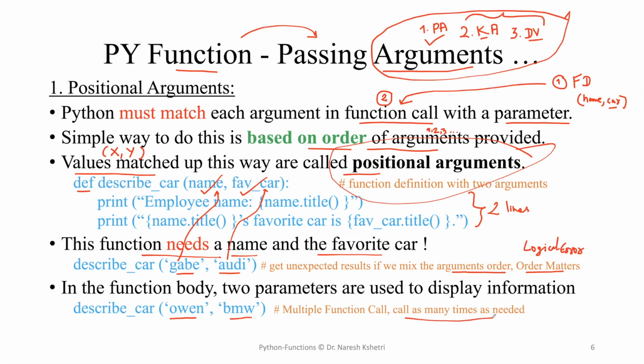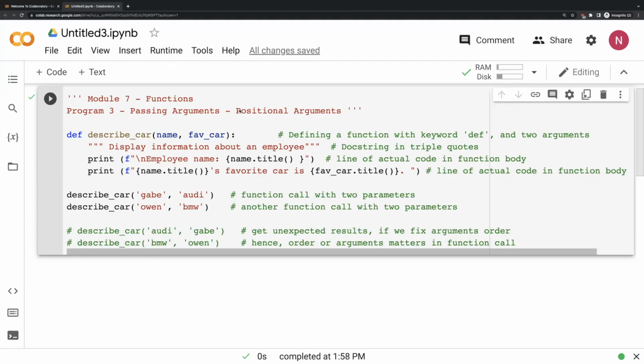Now, if we understand the basic thing about the positional arguments, we will see how it is implemented in the program. The program is here, exactly the same program we discussed in the PPT earlier. We describe a function named describe_car with two arguments, the name and the favorite car. Then we have the actual two lines of code, which are so simple.